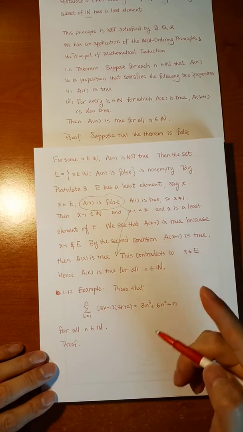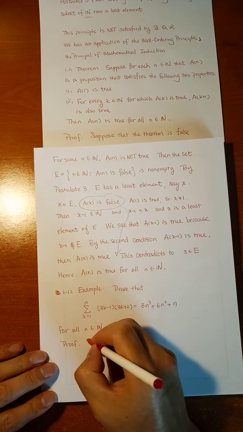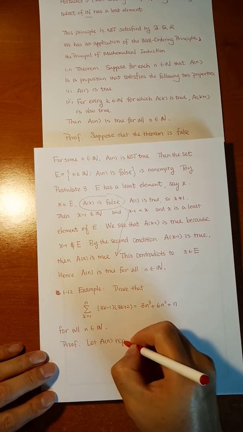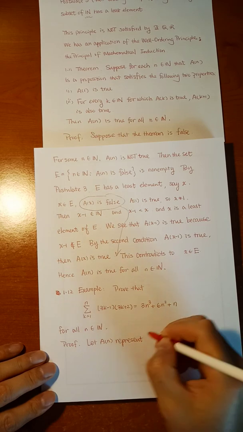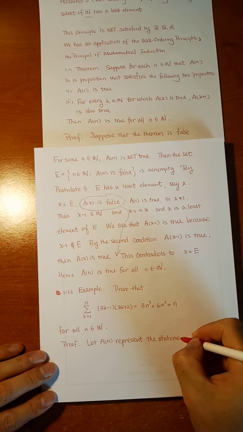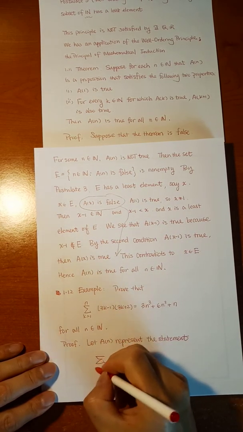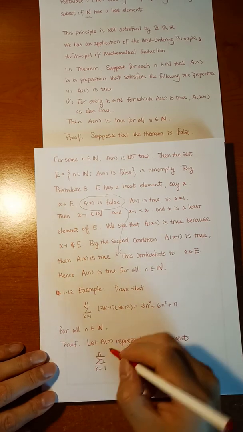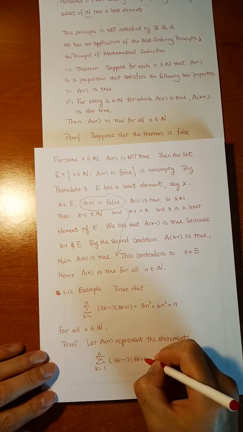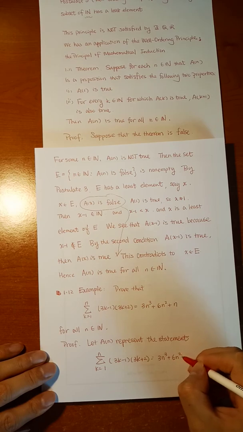Okay, so first we examine the case for n equal to 1. Before that, let's give it a name. Let A of n represent the statement that the sum over k equal to 1 to n of (3k minus 1)(3k plus 2) equals 3n cubed plus 6n squared plus n.